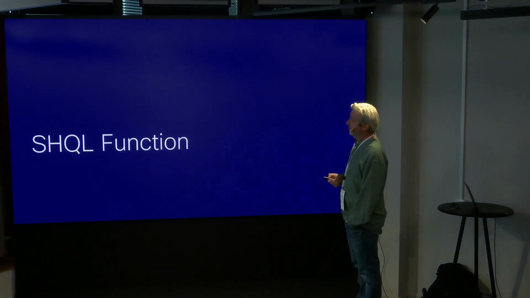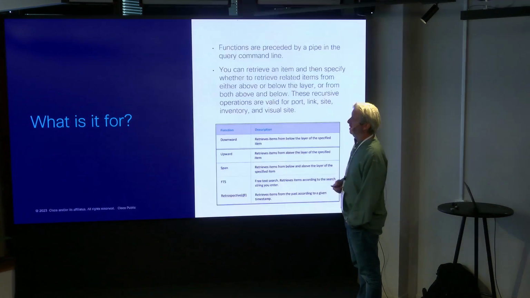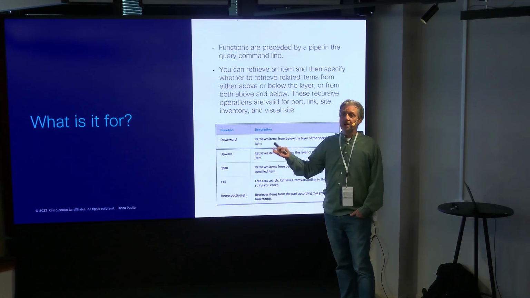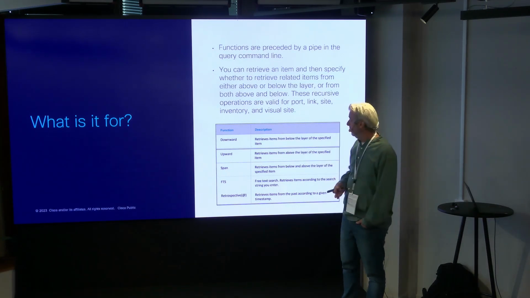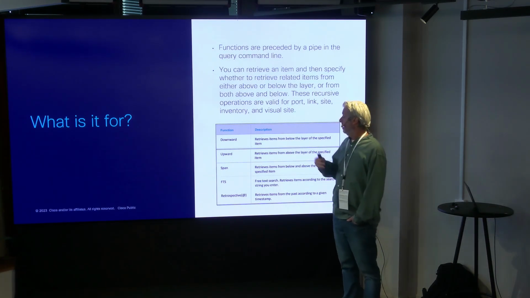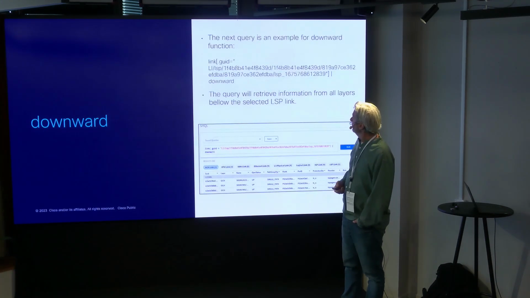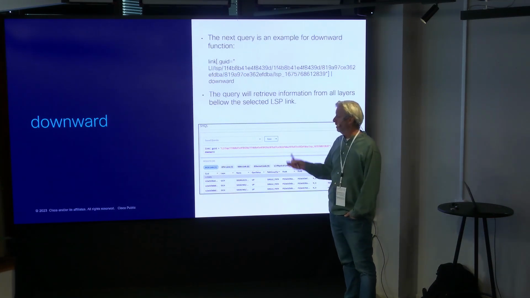Let's talk about the different functions we support in SHQL. The functions will help you to run through the model in different directions, go back in time. Let's see how to use it. So in this example, I'm talking about the keyword downward.